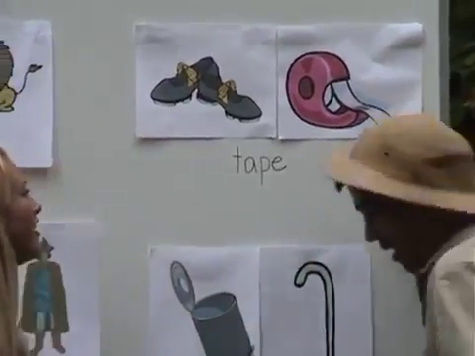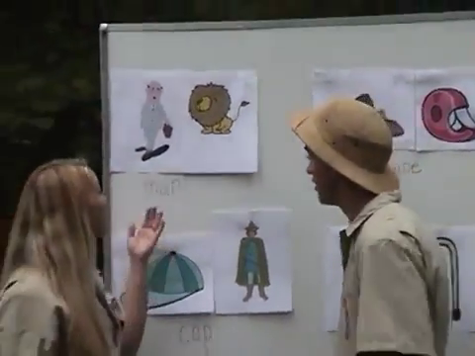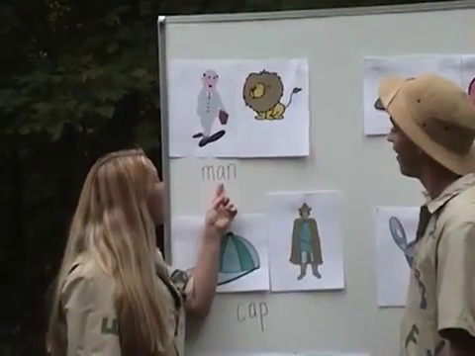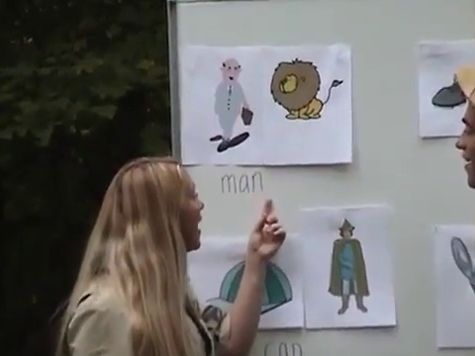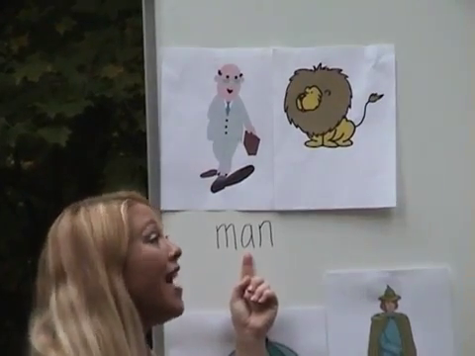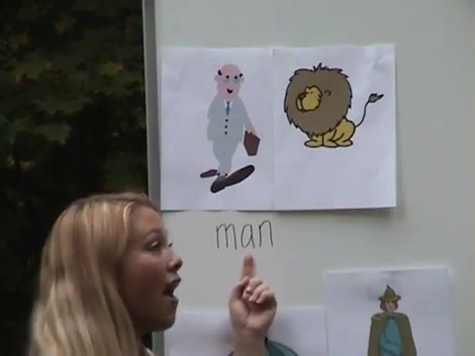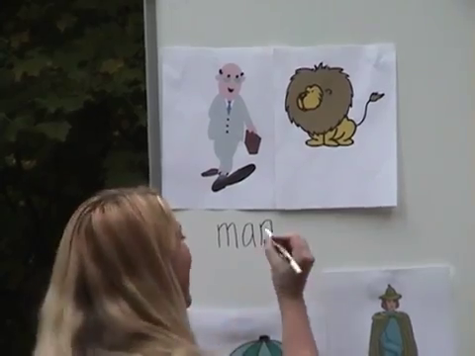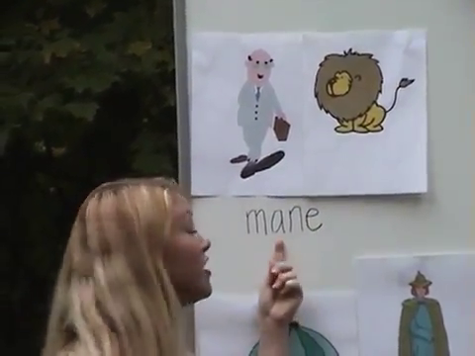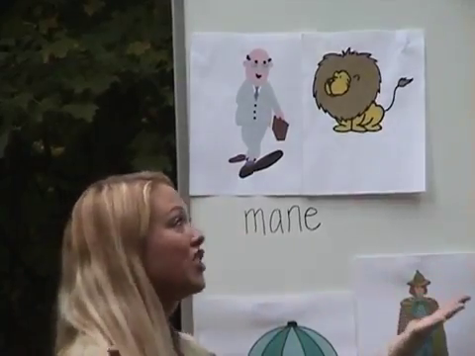Let's do another one. Now, with this one, we have the word man. M-A-N, man. And the short sound A makes the ah sound. Now, when I put the magic E on the end, it's going to turn the short A sound into the long A sound magically.